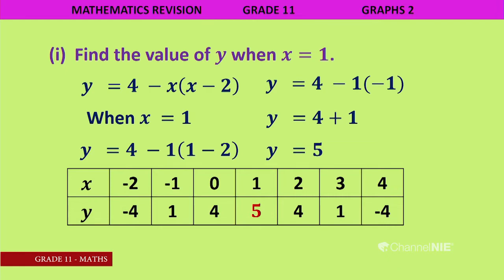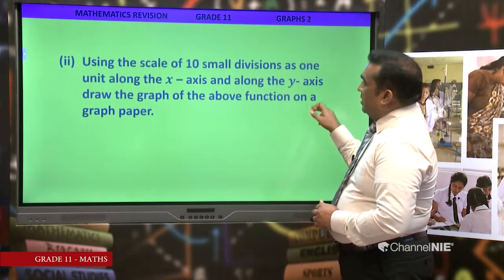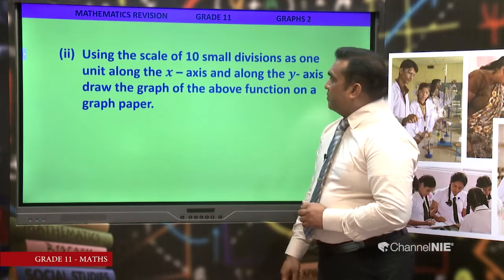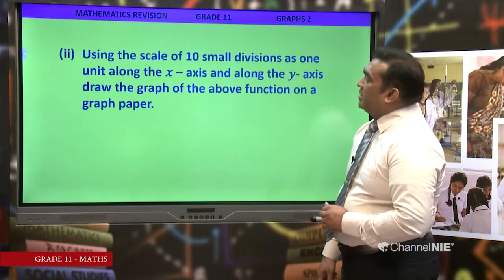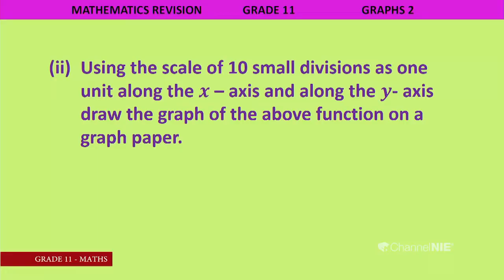It is useless to draw the y-axis more than positive 5 and less than minus 4. Using the scale of 10 small divisions as 1 unit along the x-axis and along the y-axis, draw the graph of the above function on graph paper.